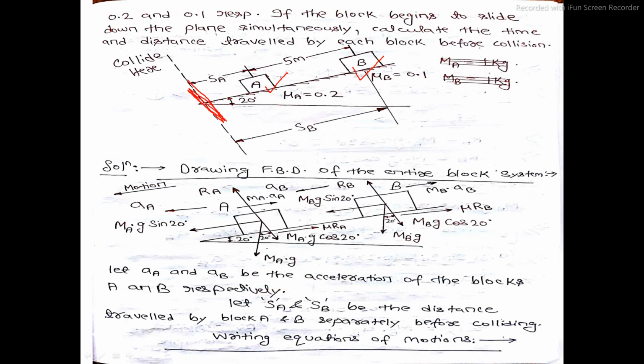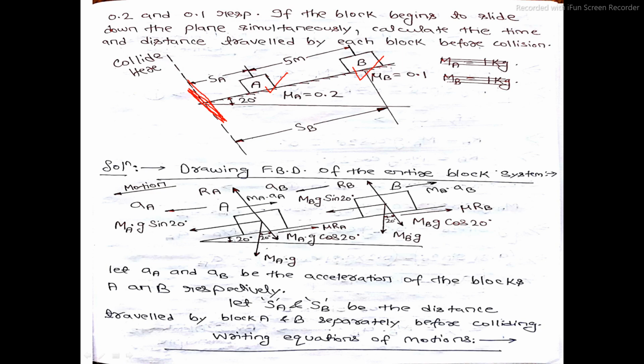This was the first part of the problem that was asked in this question, which we have found out. That is how much time both blocks will take to reach the colliding point, that is 3.298 seconds. The first part of the problem is solved.